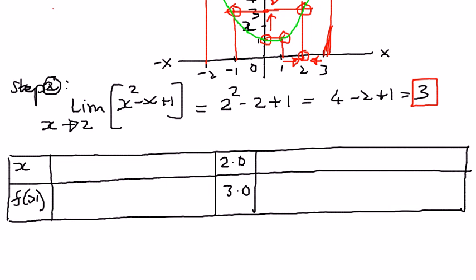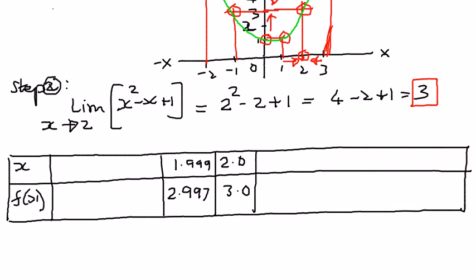We will pick some points very close to 2, just below 2 on the left hand side, and some points a little higher than 2 on the right hand side on the x-axis. So let us give some points here. If I give a value of x equal to 1.999, very close to 2 on the left hand side, the corresponding value of the function is going to be 2.997.